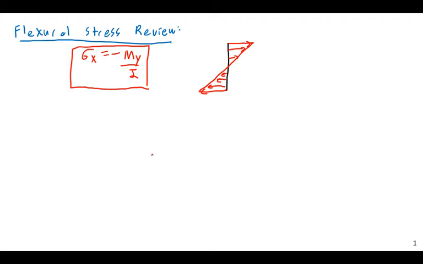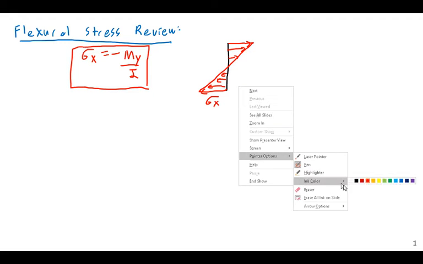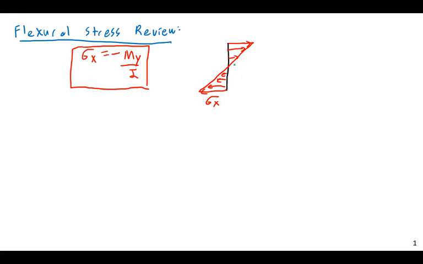Okay, and this is going to be your sigma x, and then the neutral axis will be measured in the middle here, the zero point, the point where we have zero deformation, and y is measured upward from the neutral axis.